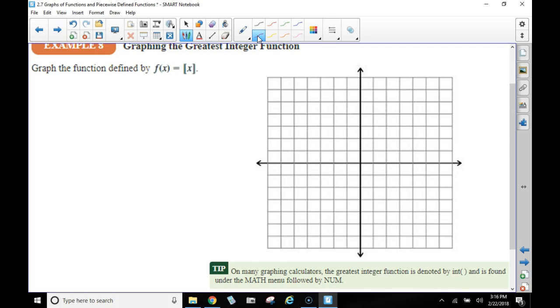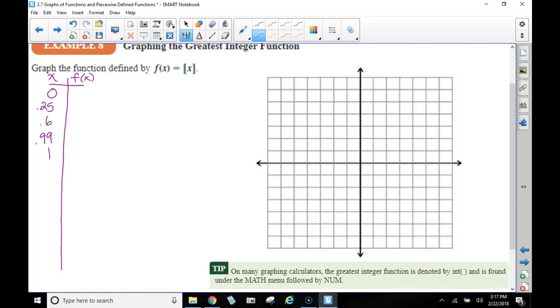And I think it will be most helpful for us to calculate several ordered pairs of input values for x and then output values where we calculate the greatest integer of x. Now, to be able to see what happens, we're really going to have to do some fractions and decimals. I'm just going to put everything in decimal form. So let's talk about what would happen if x was 0, or maybe 0.25, 0.6, 0.99, and 1.